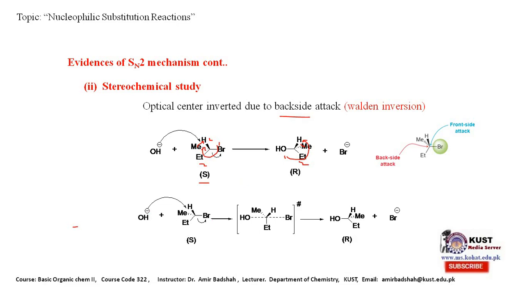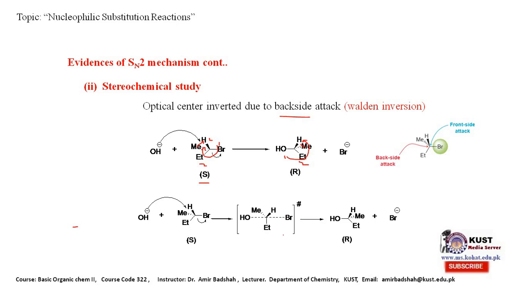Mechanistically it has been shown here: when it attacks this species, we get a transition state. In the transition state, the bond between the carbon center and the nucleophile is forming, and simultaneously the bond between the leaving group and the carbon center is breaking, and this species is in a transition form, so that is why it is called a transition state.